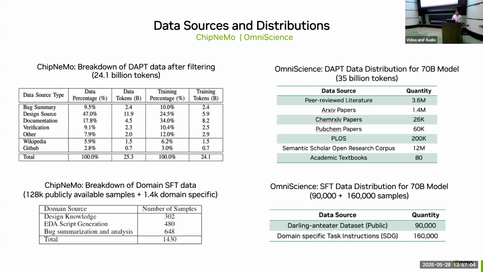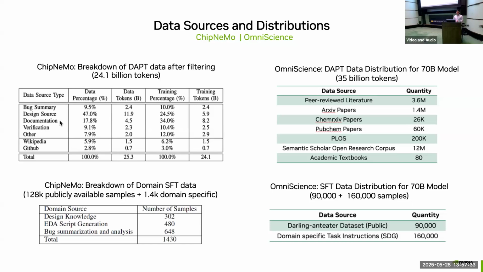Let's briefly cover some of the dataset sources and distributions for both ChipNemo as well as Omniscience. We have ChipNemo on the left-hand side, and in the top left corner, that's the data that we used for the continual pre-training of the ChipNemo model. Here we can see that a large percentage of the data is related to documentation surrounding chip design documents.